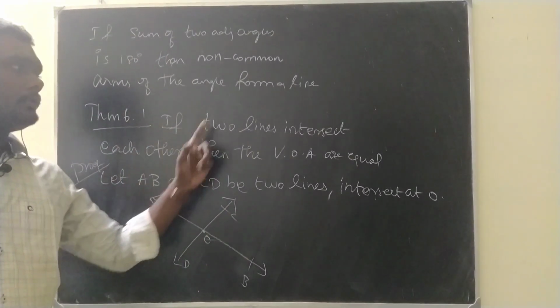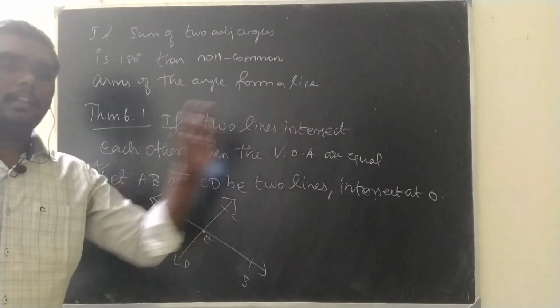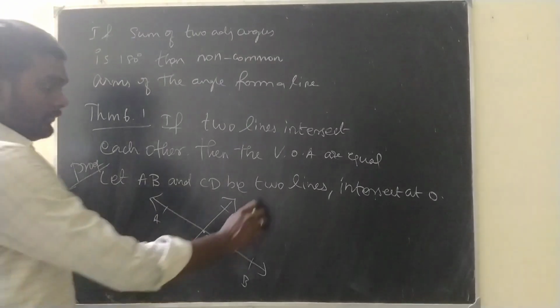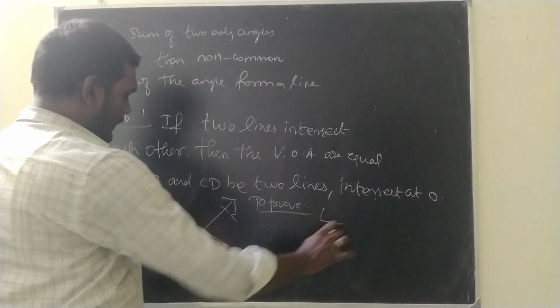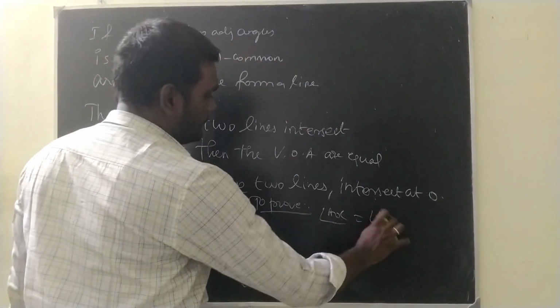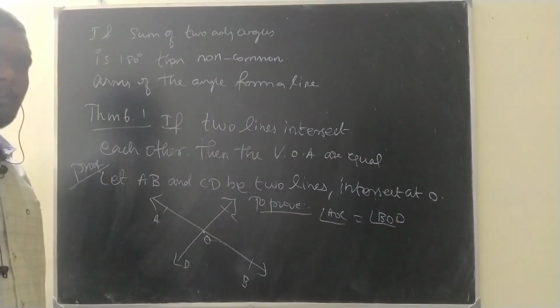Two lines intersect each other. Then the vertically opposite angles are equal. Which two angles are vertically opposite? We need to prove angle AOC equals angle BOD.